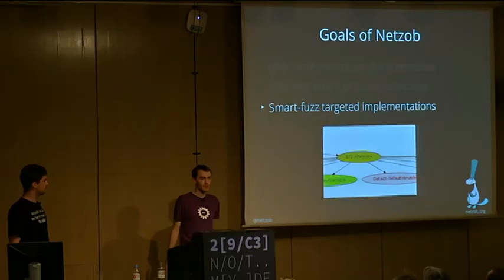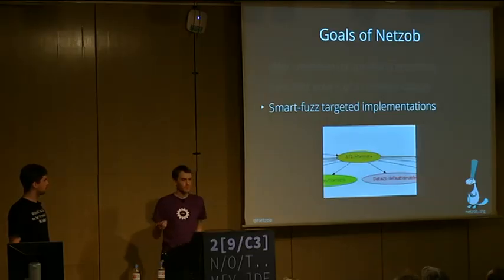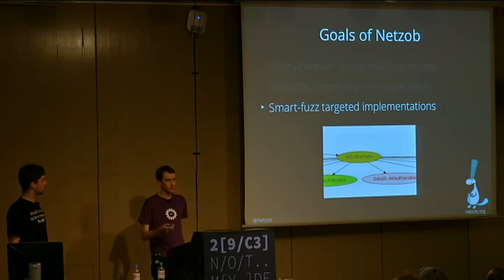The first one is to be able to infer, to reverse communication protocols, especially proprietary protocols. The second one is to be able to simulate and generate realistic traffic that is understandable by real implementations. And the third goal is to be able to do smart fuzzing based on the knowledge of the protocol we've just learned.